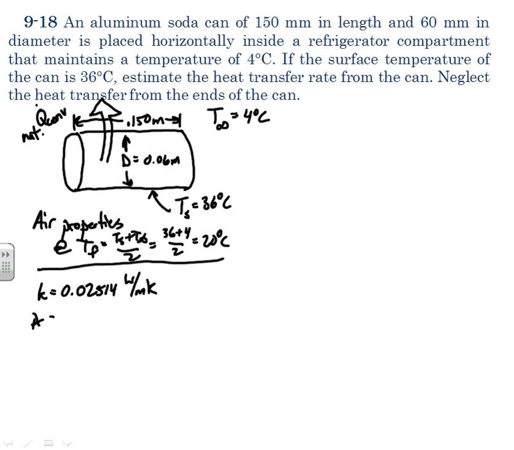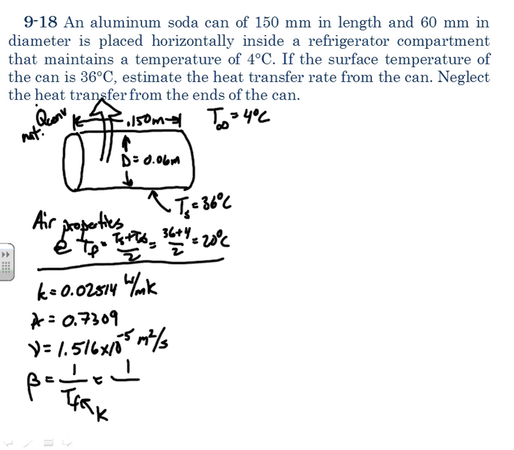We know the Prandtl number is equal to 0.7309. The kinematic viscosity is 1.516 times 10 to the minus 5 meters squared per second. And the coefficient of thermal expansion beta is just 1 over the film temperature, where that film temperature must be in Kelvin. So this is just going to be equal to 1 over 20 plus 273, or 1 over 293.